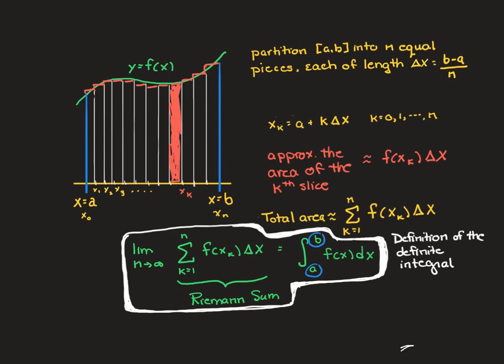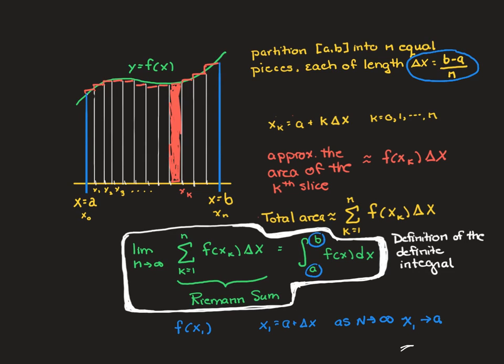Well, the left-hand side says that we're going to start with f of x sub 1. And x sub 1 is a plus delta x. Now, as n goes to infinity, what happens to delta x? Delta x is going to 0. So as n goes to infinity, x sub 1 tends towards a.